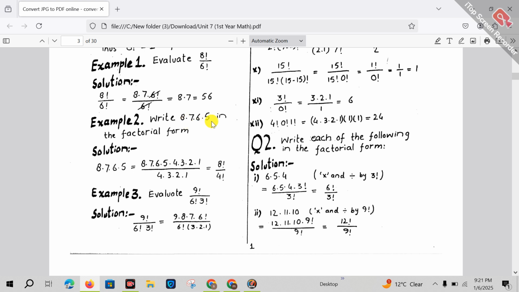Here the question is without factorial form, and we converted it into factorial form. So we can go from factorial form to a form not containing factorial, and in the same fashion, from terms not containing factorial to a form which contains factorial.